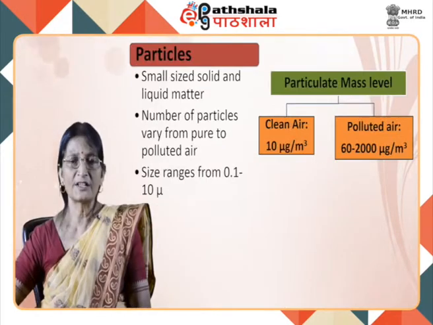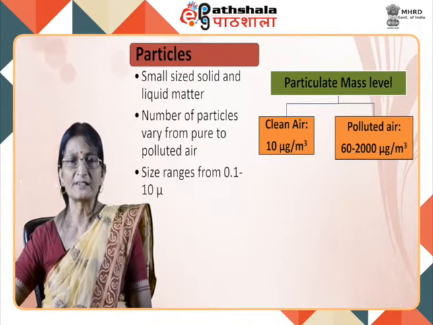Particulate matter is a very important constituent of the atmosphere. Particulate matter is made up of tiny particles, tiny pieces of solid and liquid matter present in the atmosphere. The number of particles per unit volume of air can vary from several hundred per cubic centimeter in purer air to more than 10^5 per cubic centimeter in polluted air.